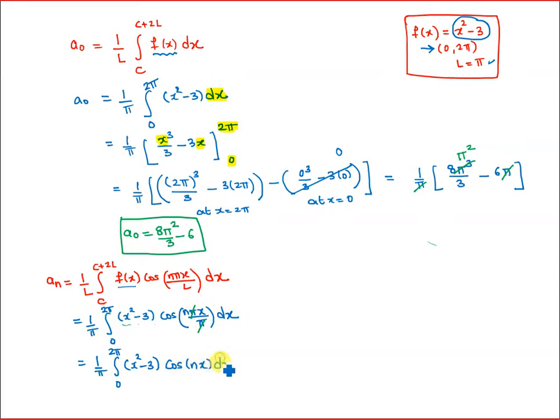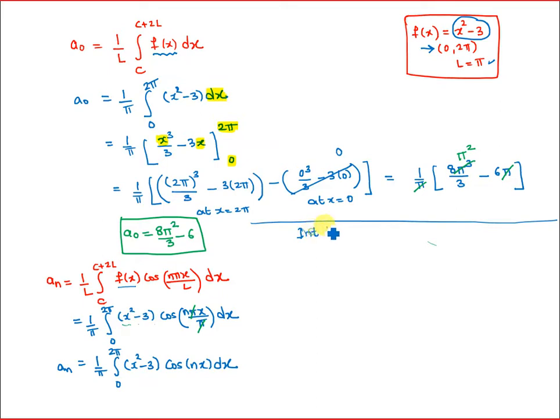Now again you have to integrate it. To integrate it, again two terms are in multiplication. So you have to think, is it direct integration, integration by parts, or integration by substitution? You have to integrate it by parts because it is a product of two terms, and for both of them you have the direct rule of integration.